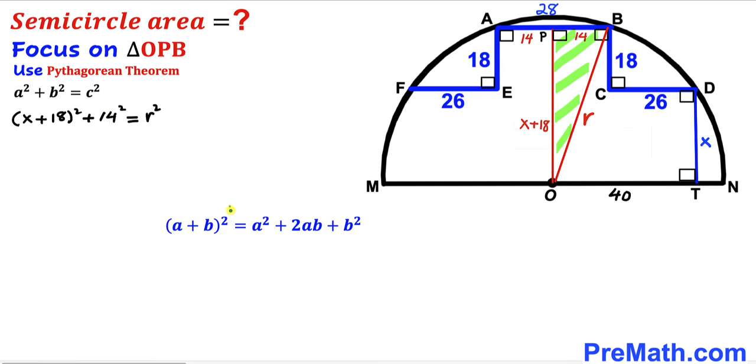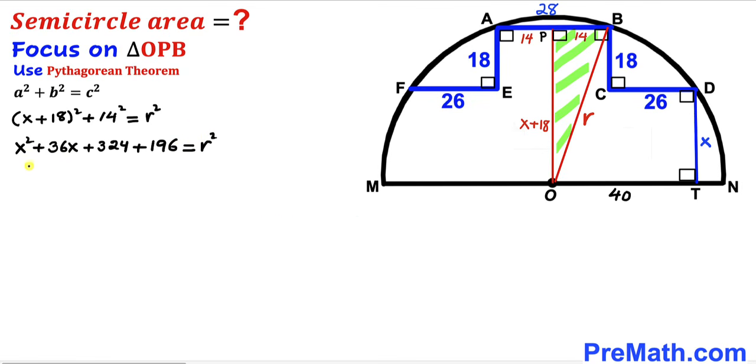Now let's recall this famous identity: (a plus b) whole square can be written as a square plus 2ab plus b square. We are going to apply it on this binomial on the left hand side. So this is going to give us x square plus 36x plus 324, plus 14 square is 196, equal to r square.